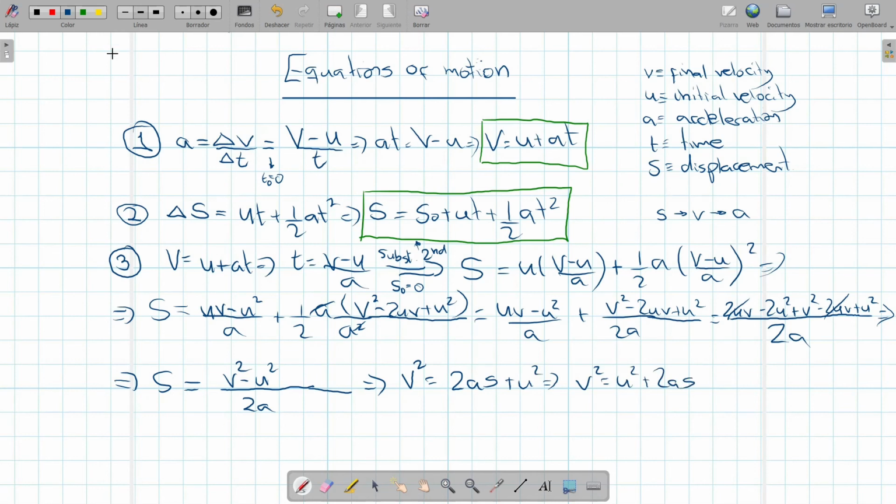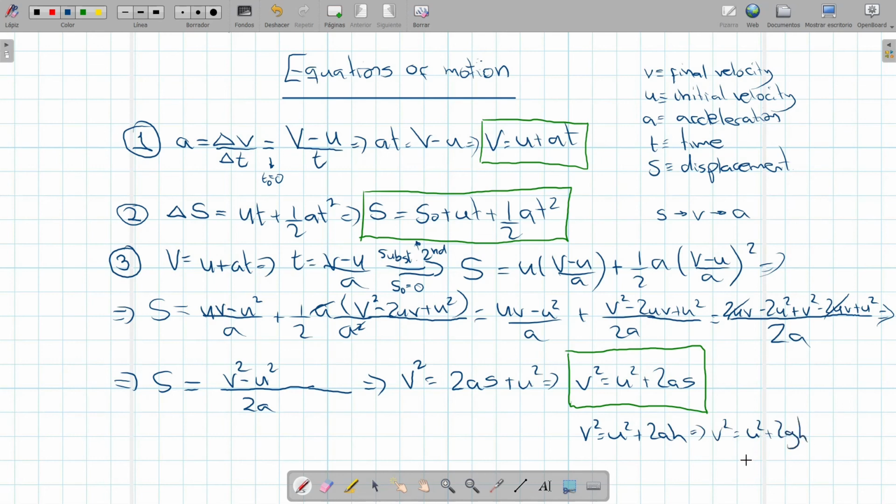Okay, so this is an equation of motion you have to get very used to. Sometimes you find it like this. You should learn it by heart. Sometimes you can find it like this, with h the height. Sometimes the acceleration is the gravity.